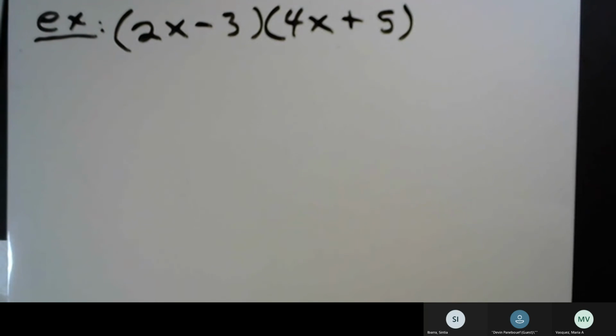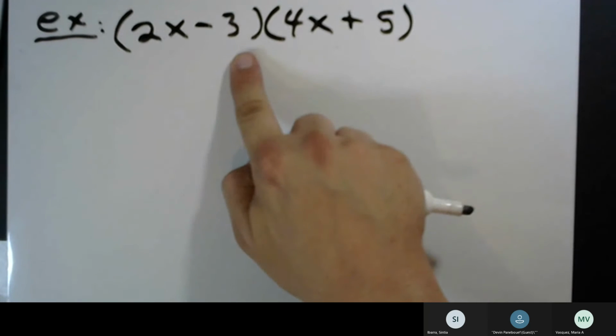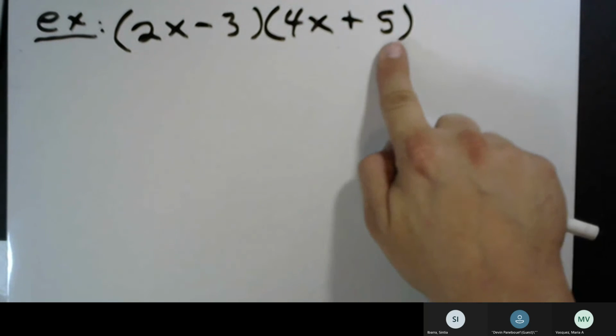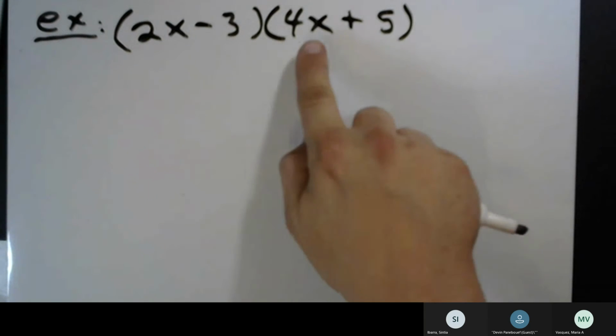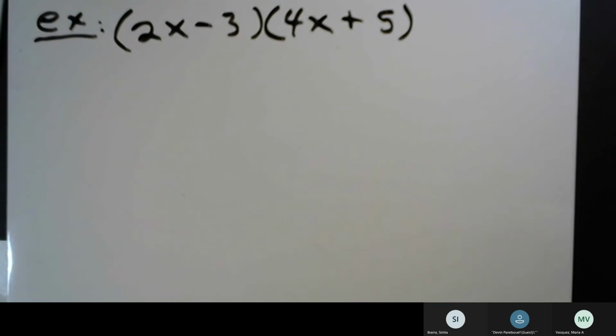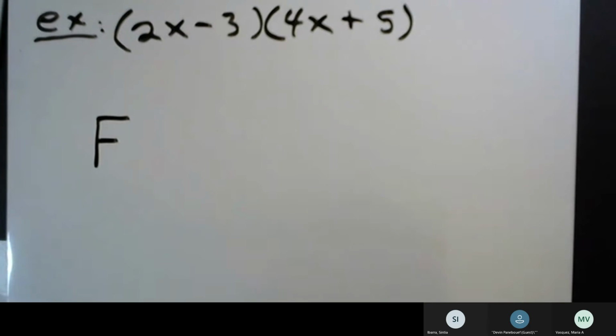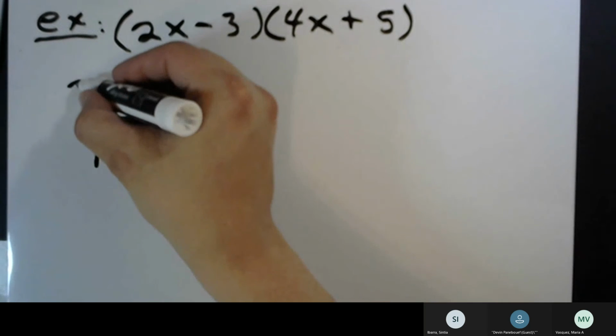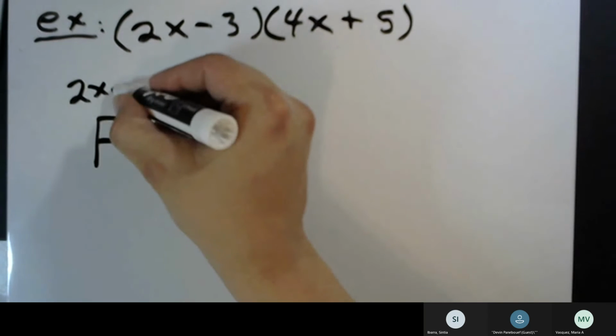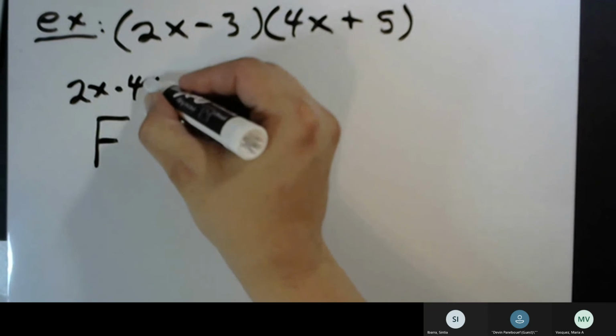So this is what we did last time. We took this binomial, distributed it to each of these terms, and then we had to distribute each of these terms into the resulting products. So instead, what we're going to do now is this. We'll multiply together the first terms of the binomials. So 2x times 4x.